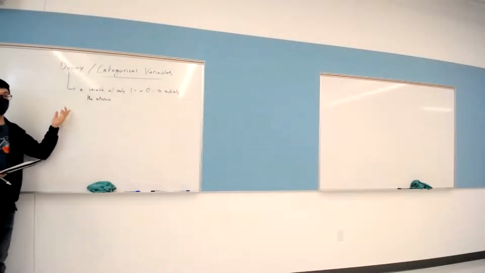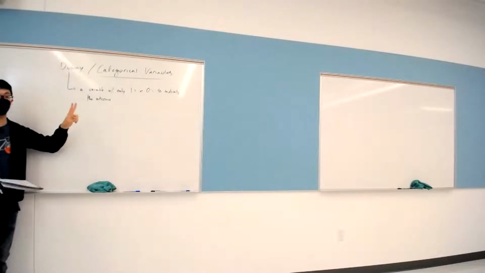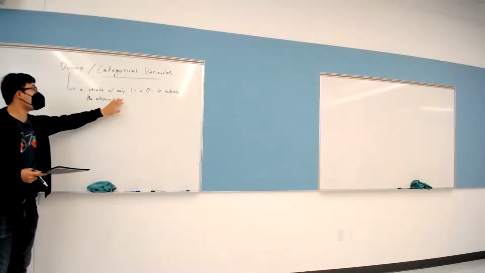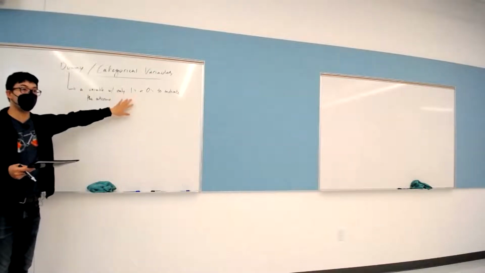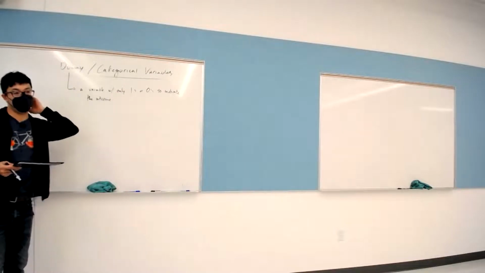Basically, this is a type of binary variable, it can only take two values. You could denote them as the actual things that you're looking at, or you can denote them as ones and zeros as a representation of those.